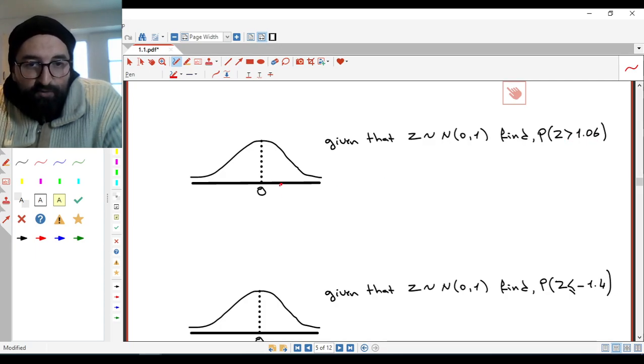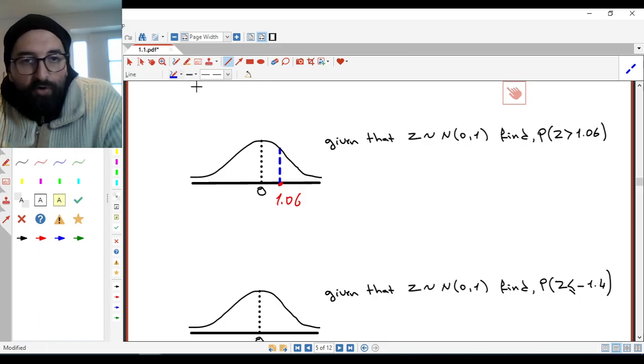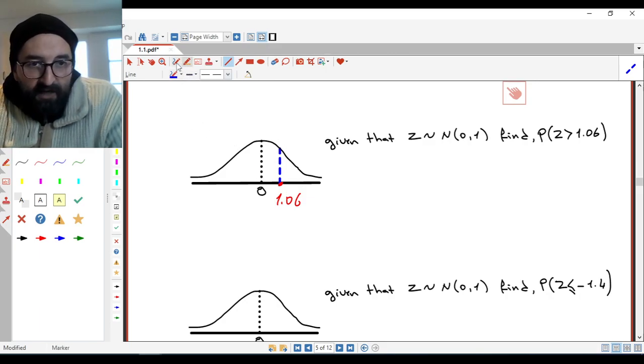Firstly, we have to find 1.06, and then we have to draw a line, and we have to determine which area we are looking for. Z more than 1.06, the right of 1.06 here.